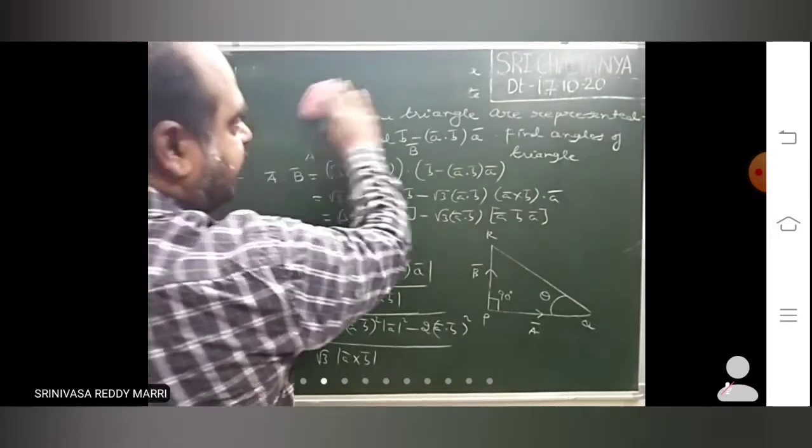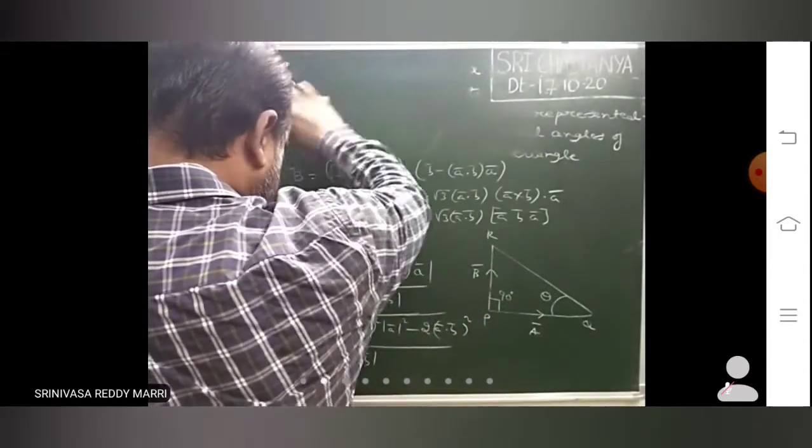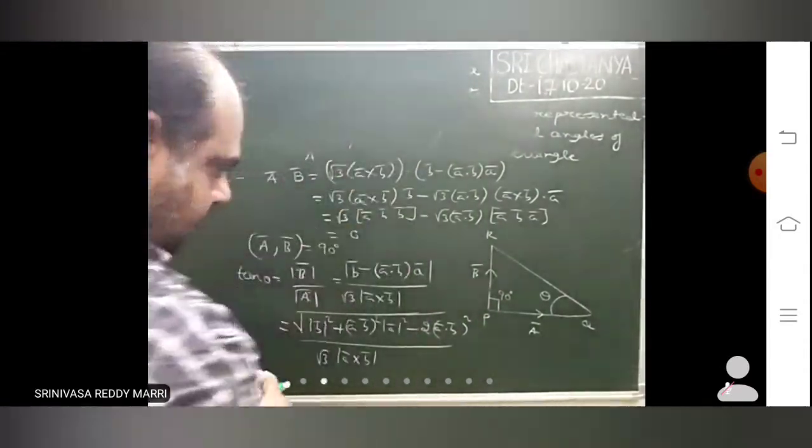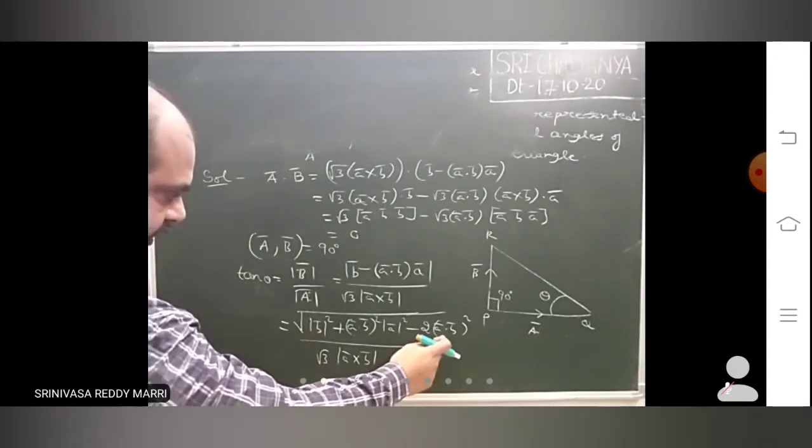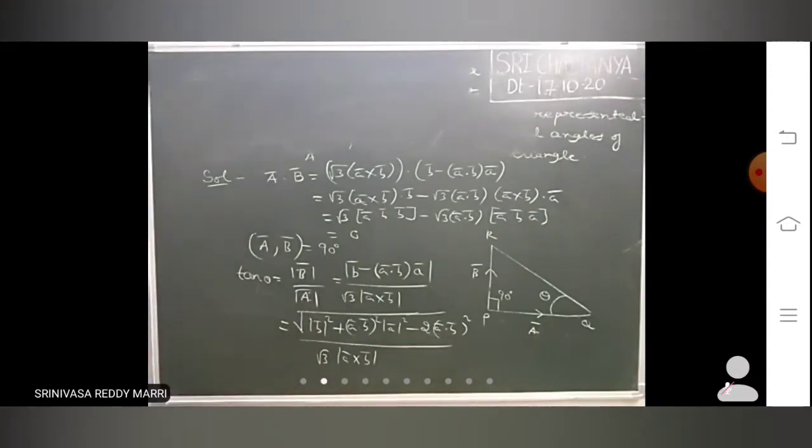So if you see, A bar is a unit vector given, so this is 1.